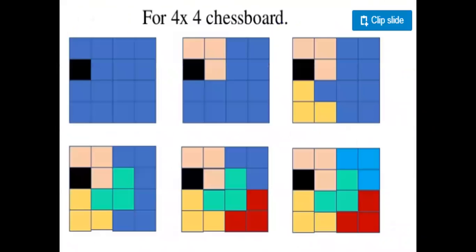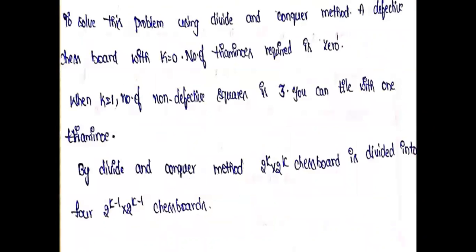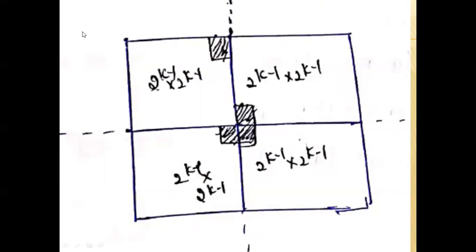Here in our example, the square is divided into four 2 power k minus 1 by 2 power k minus 1 chessboards. Except for the defective square, the three remaining chessboards each have one non-defective square.